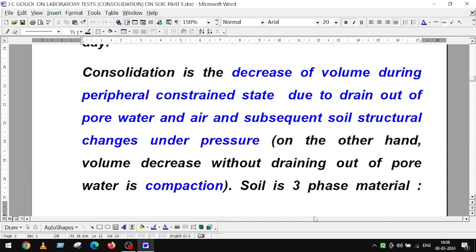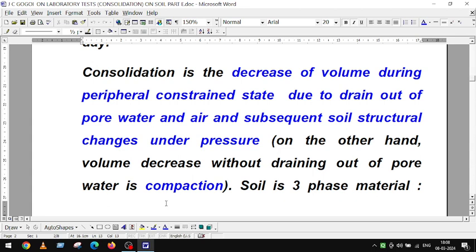On the other hand, volume decrease without draining out of pore water is compaction, which can be made mechanically, or statically.